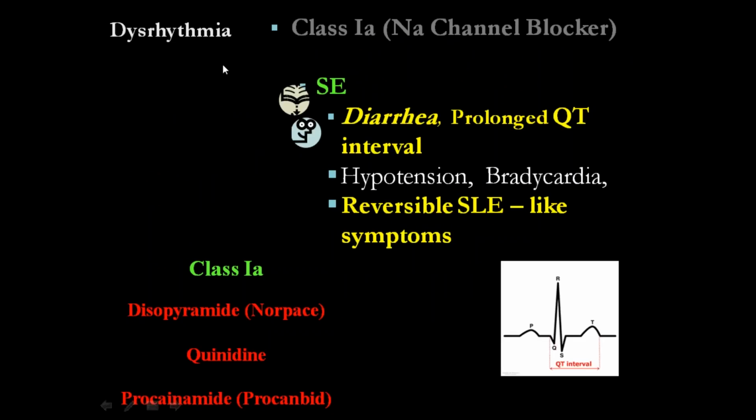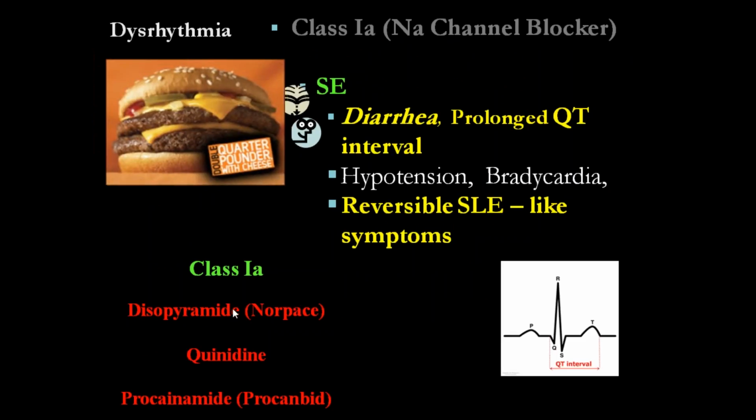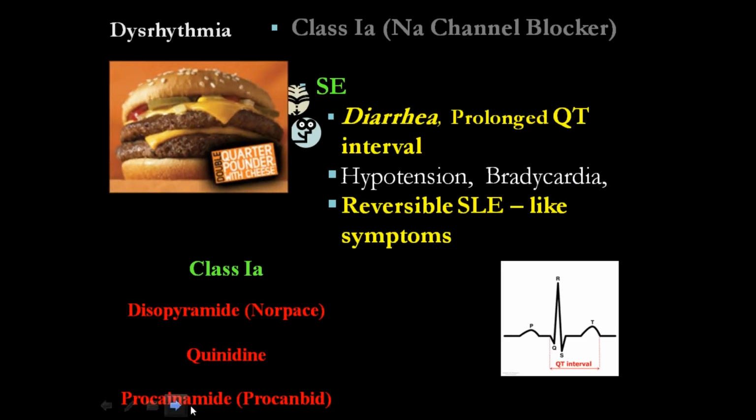So what is the main side effect? Remember the names, please: disopyramide, quinidine, and procainamide. We talked in class about our mnemonic, the double quarter pounder: D for disopyramide, Q for quinidine, and P for procainamide.